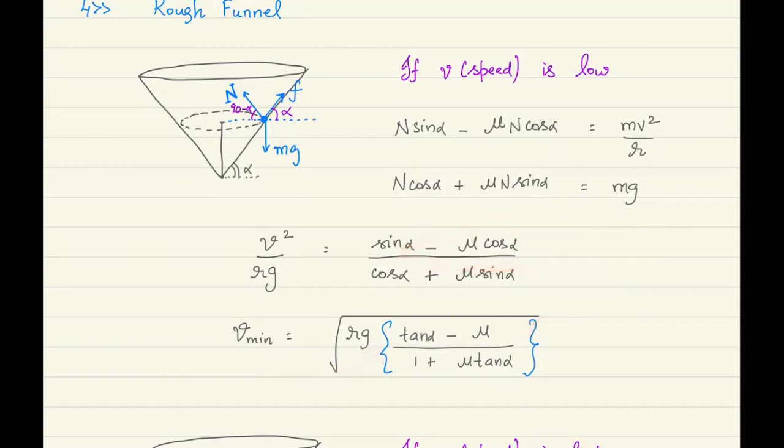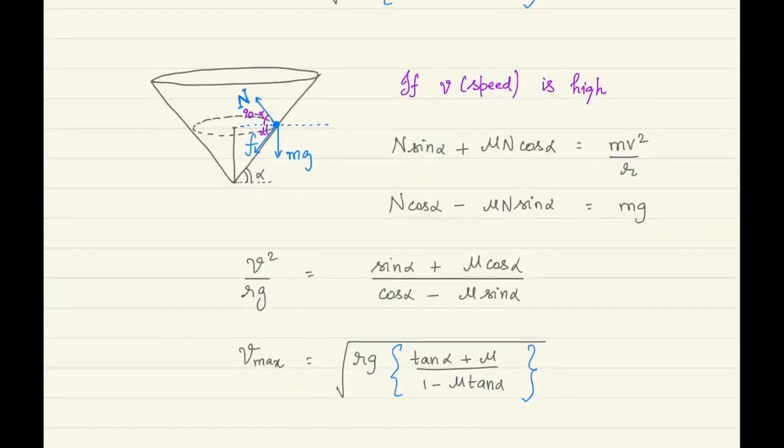Likewise, we can get the expression for the maximum velocity. The only change is, if you give a high speed, the tendency of the object would be to spiral out and gain height inside the funnel. So now the friction force will try to prevent that by acting towards the vertex point, as shown in the diagram, and the other forces, mg and normal force, will be there.